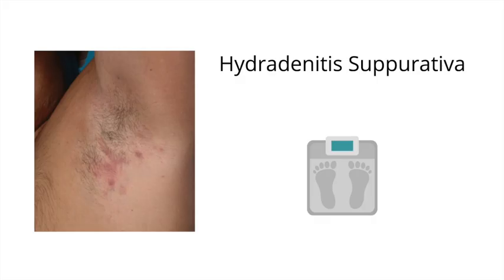This occurs due to an occlusion or inflammation of the folliculopilosebaceous units. Very high yield, remember that. The risk factors include a history of smoking, diabetes mellitus, chronic mechanical stress of the skin, such as excessive friction or pressure, and obesity. So, one of the treatment options for hidradenitis suppurativa is weight loss.